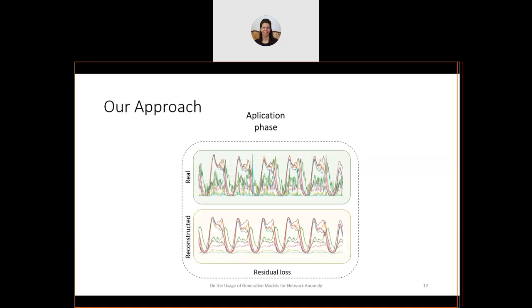Once the training phase is finished, because the model was trained with only normal data, it produces reconstructions that come from the normal data distribution. Okay, then this is the application phase. If a sequence shows an anomaly, its reconstruction will be the normal sequence that most closely resembles it. In this way, the detection is made by means of the residual loss too.